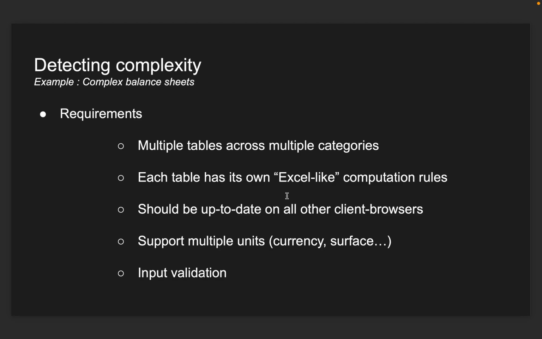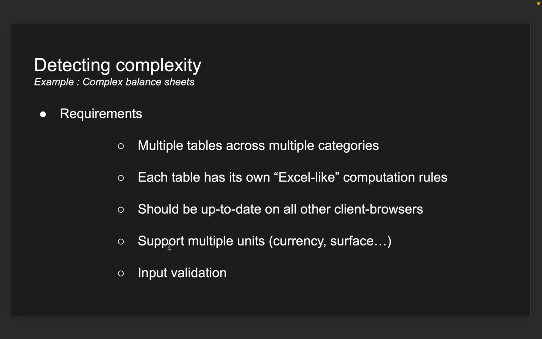So it has computation rules. And another requirement is that it should be up to date on all other client browsers, meaning that if we have several users using the finance system, the balance sheet tracker system, they should see data updated at the same time, in real time. So this is another requirement.